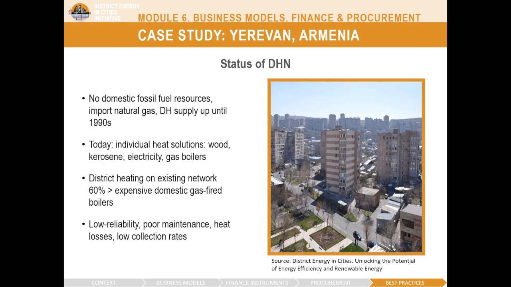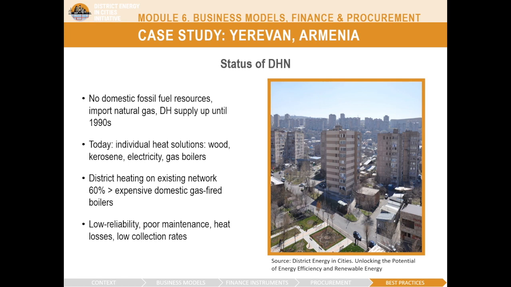Yerevan, Armenia. Status of DHN. Heat supply in Yerevan and throughout Armenia has changed dramatically over the last 30 years. The country has no domestic fossil fuel resources, and up until the 90s, when Armenia faced an economic and energy crisis, the country imported natural gas to fuel district heating networks that supplied 90% of the residential and public buildings.